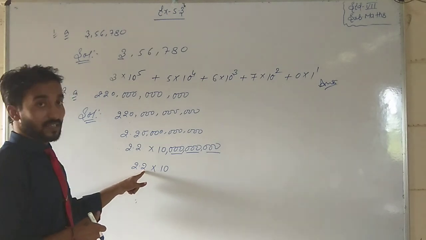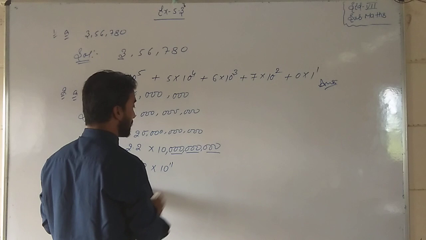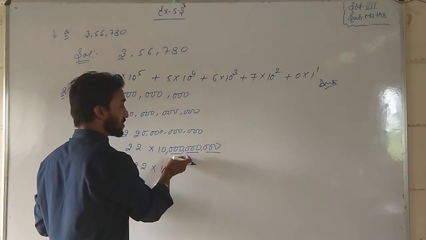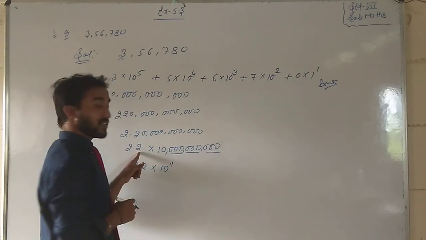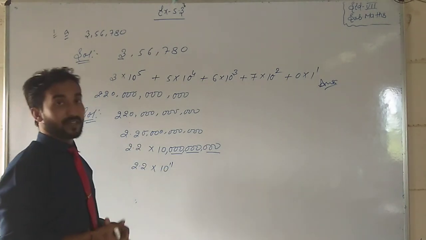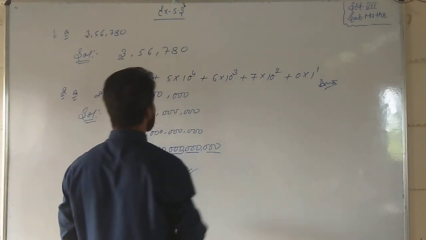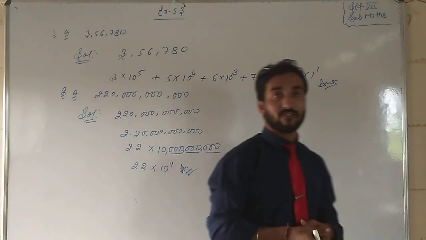So 1 digit stays here, and the power will be 10 to the power 11. It means 2.2 into 10 to the power 11. Are you getting my point? This is your standard form.